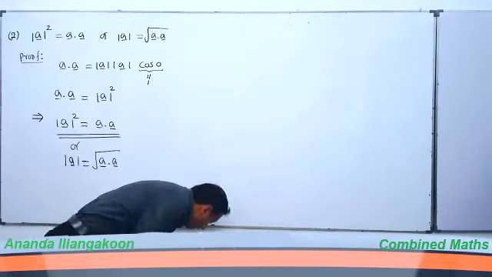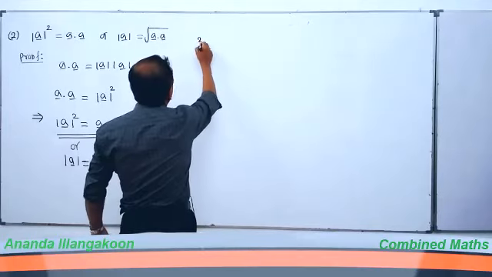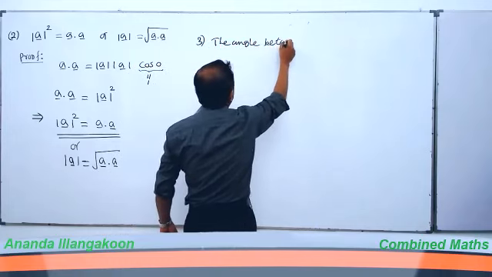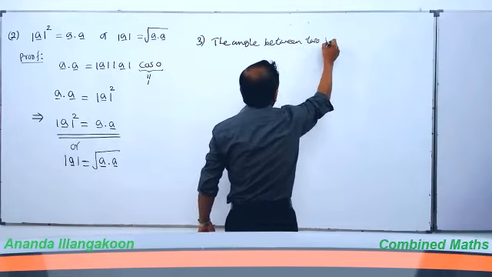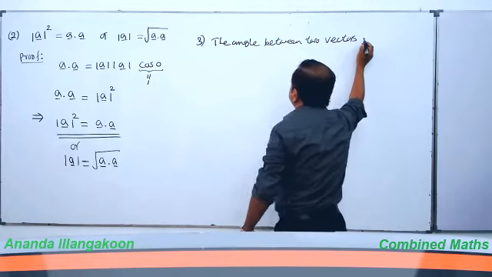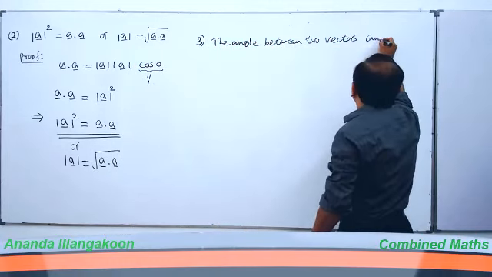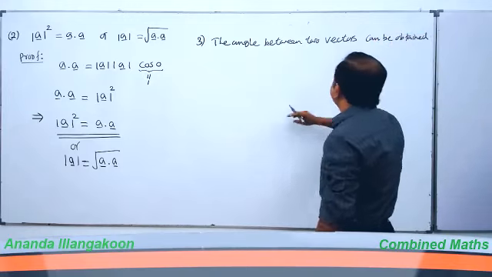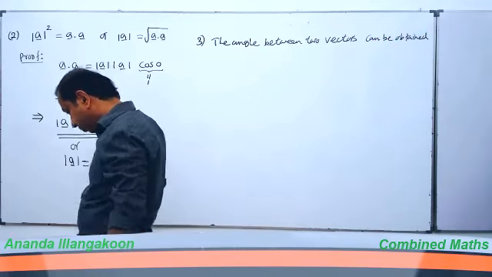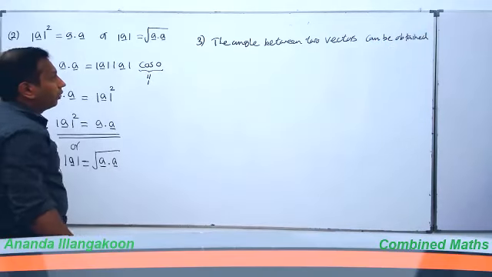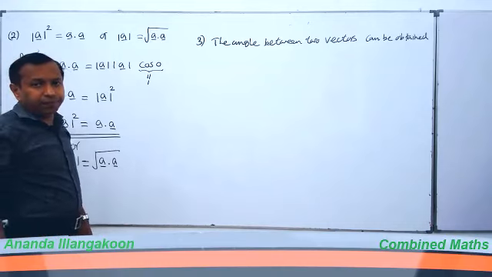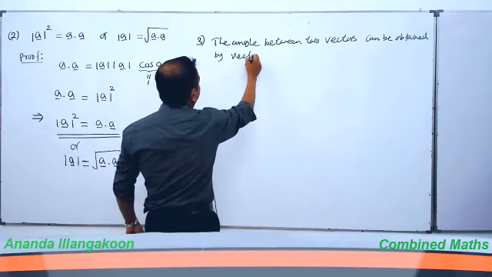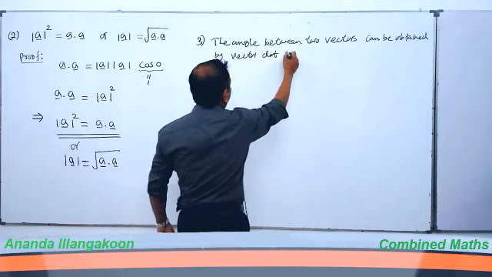The angle between two vectors can be obtained by the vector dot product.